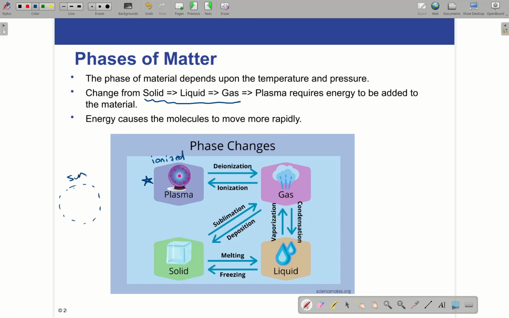Our sun is actually made out of plasma. All the gases in there are ionized. We know there's hydrogen, helium, but they're all ionized. Hydrogen is actually, proton and electron separate from each other. Proton is flowing around freely, electrons are flowing around freely. So all the stars are also plasma. That's just a side information.